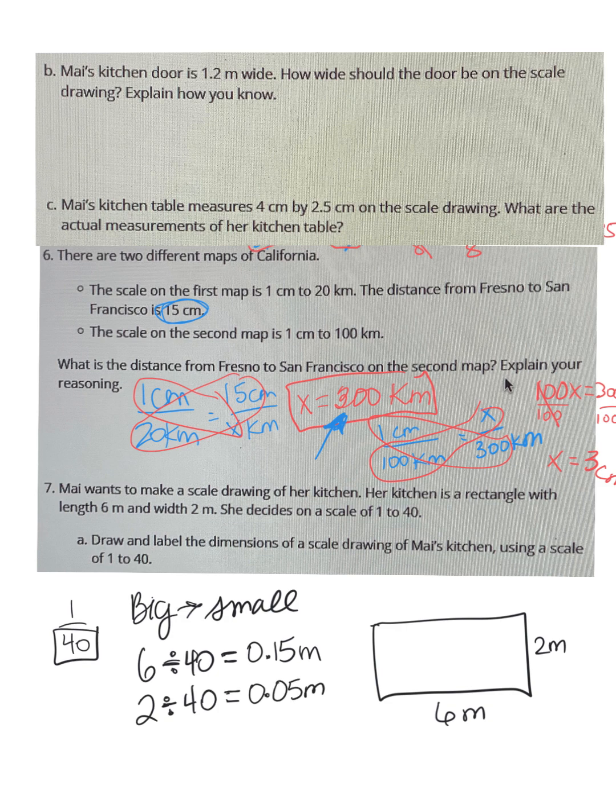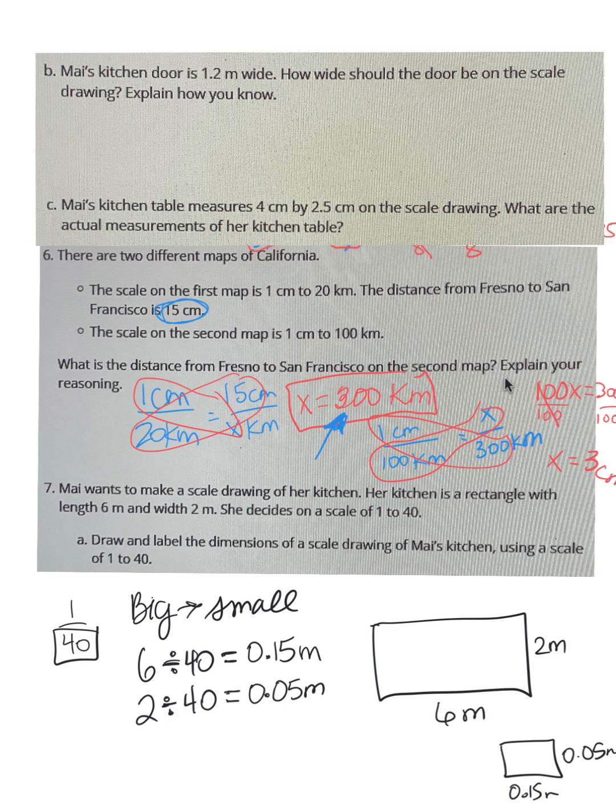So those are going to be the dimensions of her kitchen on her drawing. It says she has a scale drawing, her kitchen is 6 meters, and then drawing label for the scale drawing. So that's how long it would be on the drawing. It'd be much smaller, and instead of 6, it would be 0.15 meters, and this would be 0.05 meters.